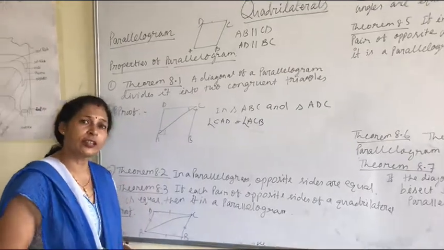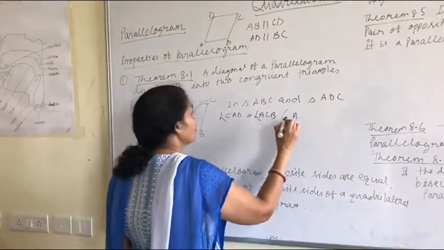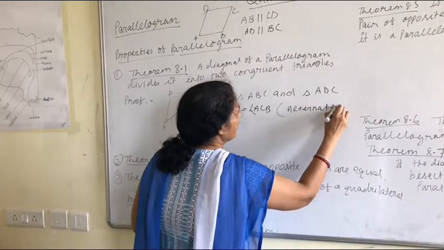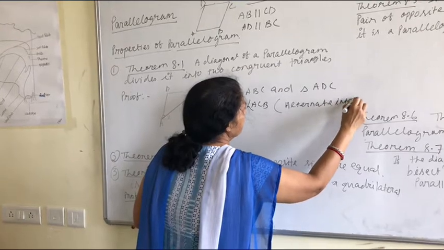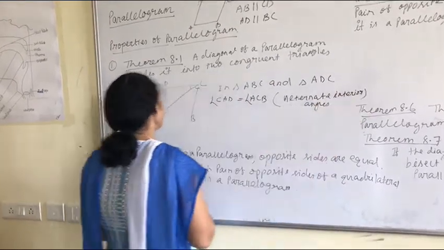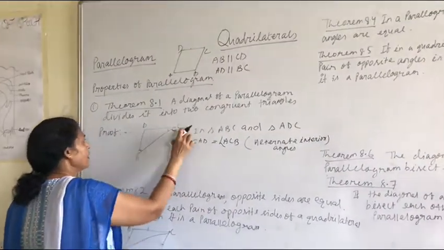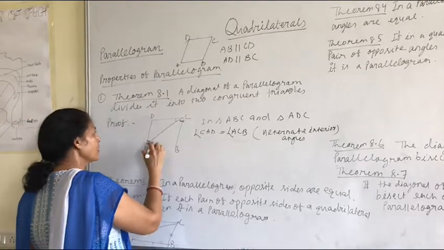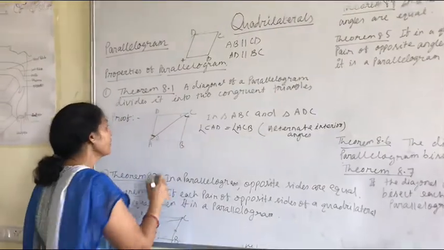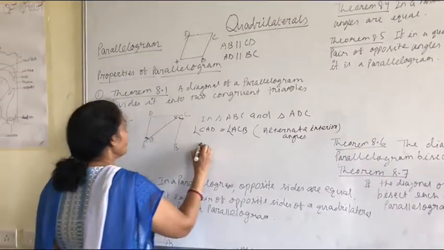Why? Because of alternate interior angles. Suppose AB is parallel to CD and AC is the transversal, then these two angles are equal, alternate interior angles. Similarly, these two angles are also equal.